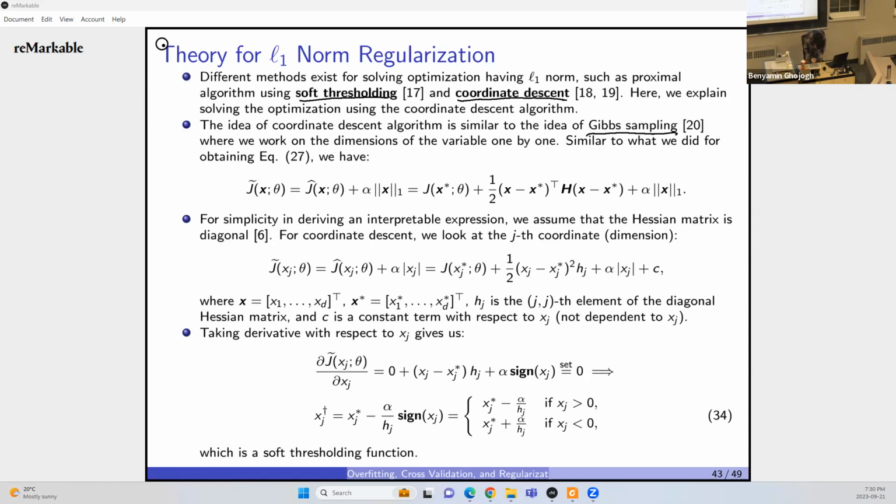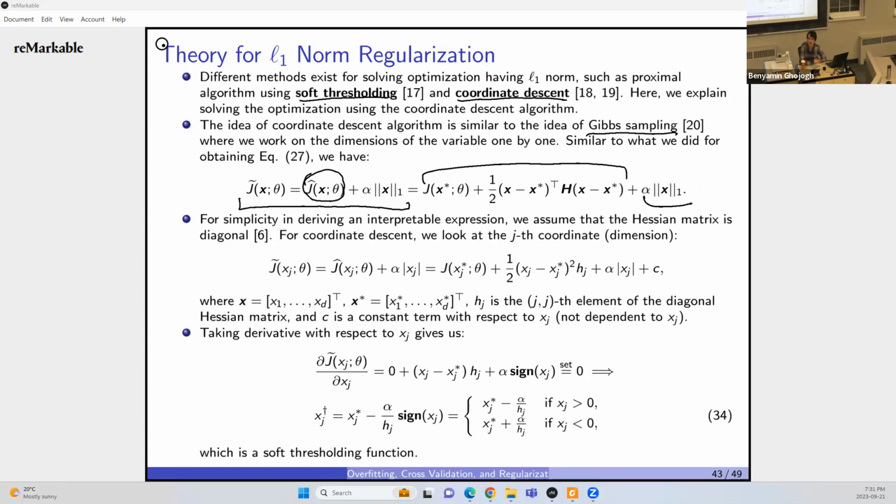So here, consider this regularized cost. Now I'm replacing J with J hat, which was the Taylor series expansion at x star. Again, according to what we discussed minutes ago, it is this, right? And where x star is the minimizer of J, the actual cost. But here now I have L1 norm. So I'm using coordinate descent.